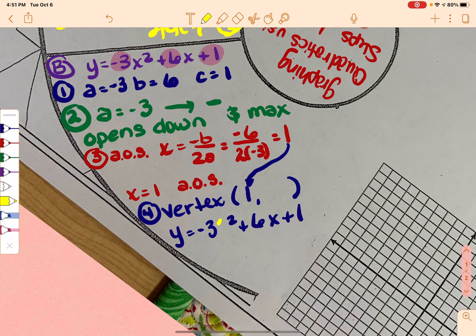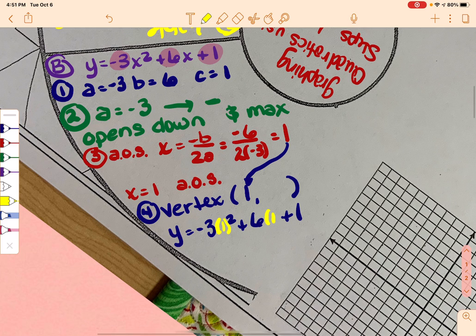I'm going to put in my 1 there, and my 1 there. Now, if I take this part right here and I plug it into Desmos, I'm going to end up with 4. So that gives you your other part for your vertex.